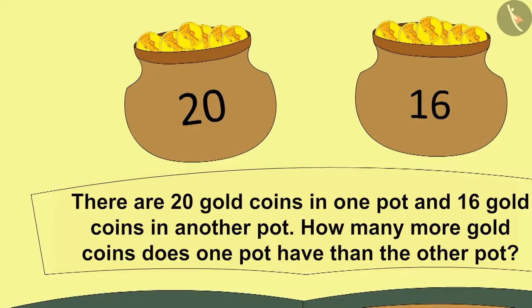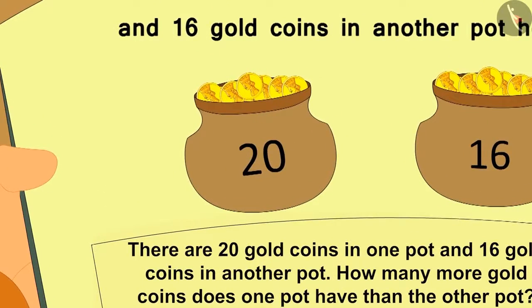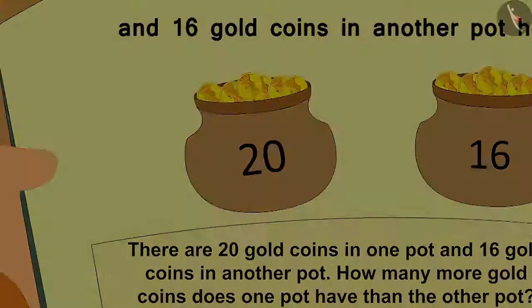Here there are 20 gold coins in one pot, and in another pot 16 gold coins. How many more coins are there in one pot from another? Likewise, we can make a subtraction puzzle as well.